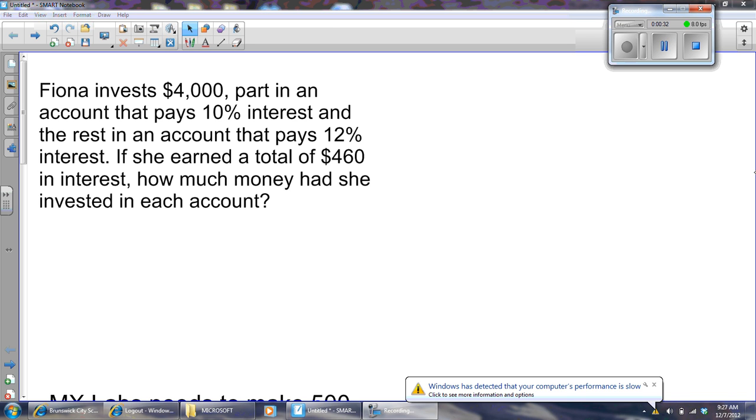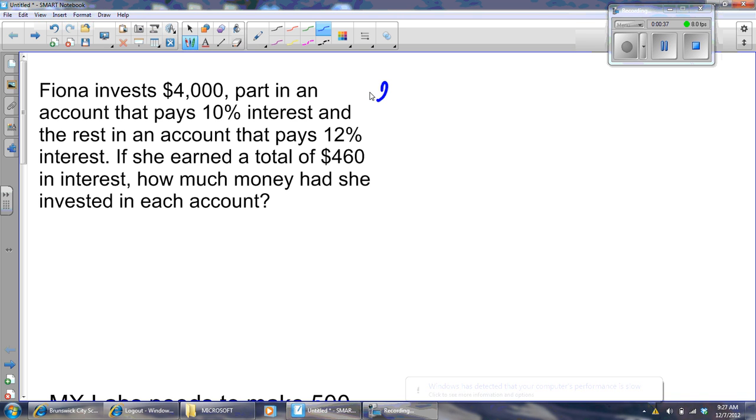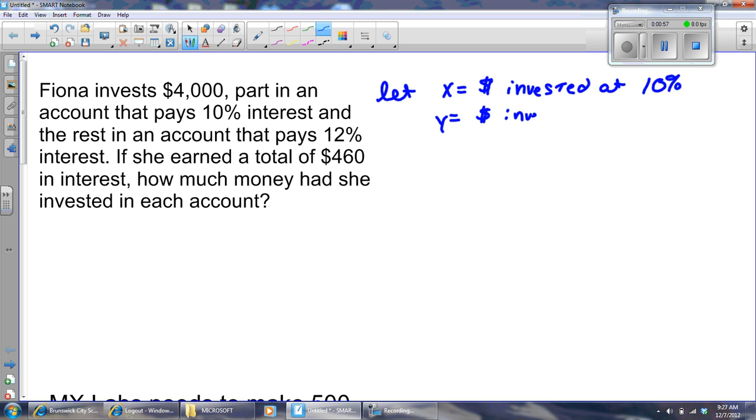Well, in this one, I'm going to define my variables. Let x equal the money invested at 10%, and y is going to be the money invested at 12% interest.